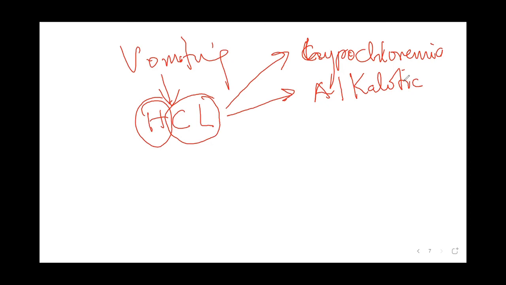Okay? Because of the loss of acid, they become alkalotic. And a patient with metabolic alkalosis, they have a lot of what? Bicarbonate. That is why they are alkalotic. The body tends to what?